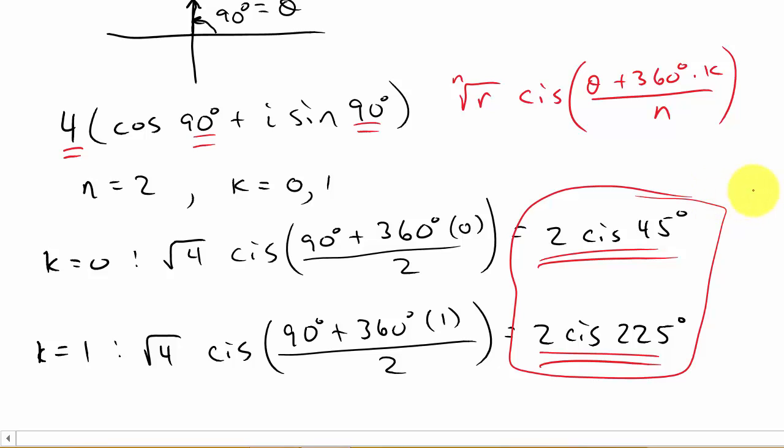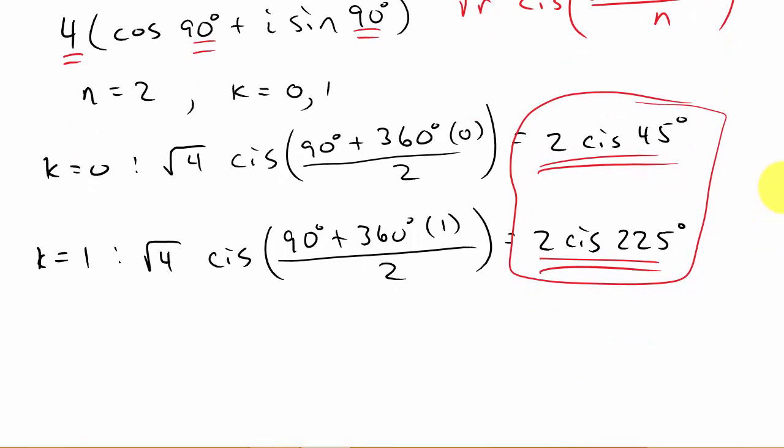Okay, so your answers are these. And let me say this, you can convert this to rectangular form. I'm not going to show you how to do it. I mean, it's just 2 times the cosine of 45 plus i sine 45. So you would actually take the cosine of 45 and the sine of 45. I'll show you on this one.